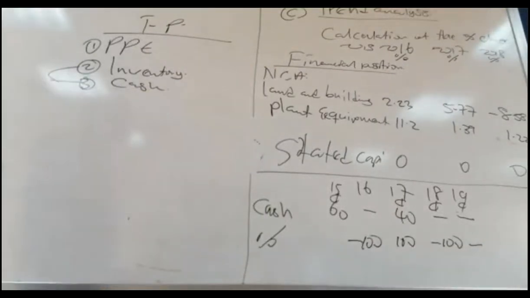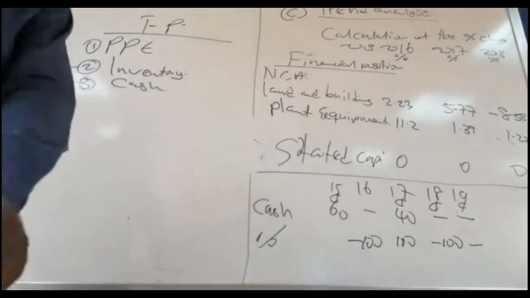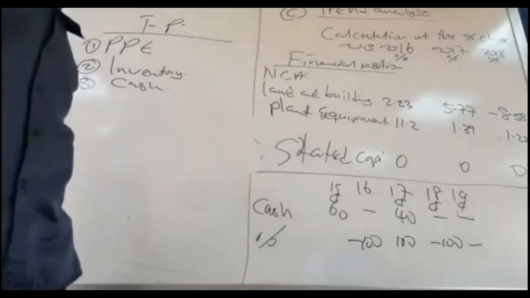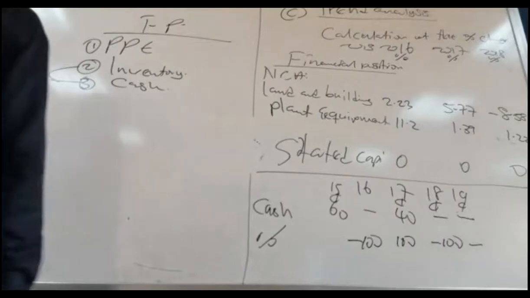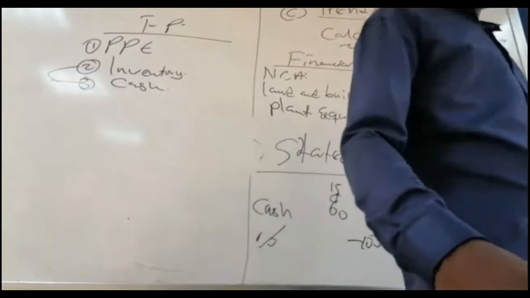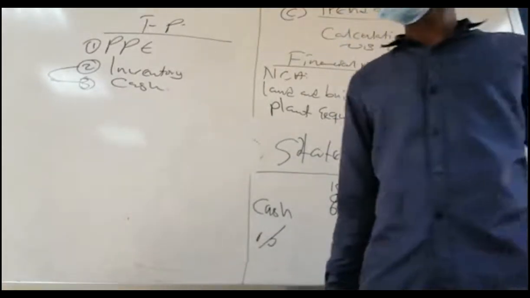Here we are looking for an encouraging trend or a discouraging trend or bad performance. If the trend is good or bad, how things are going. Is it good or bad? So that is what we have to tell the examiner.